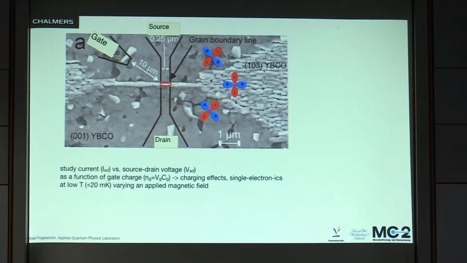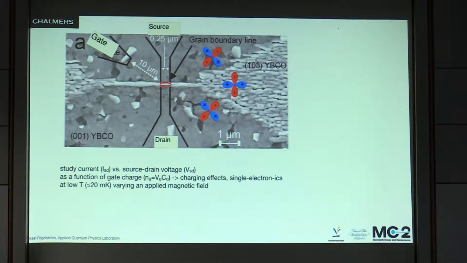And the initial motivation came from work at Chalmers, where they managed to set up a YBCO grain in a setup that they could actually control the current from a source through this dot via the source and drain, and they could affect the transport by a gate.